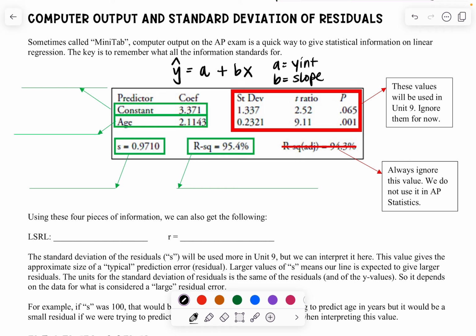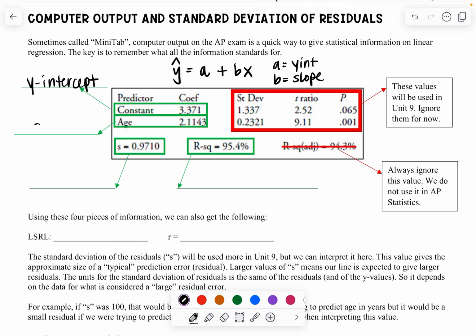What we pay attention to first is on the left-hand side of this computer output, typically they're going to list the slope and the y-intercept. For the y-intercept, it typically is titled intercept, y-intercept, y-int, constant. It'll be something in that nature of a phrase.